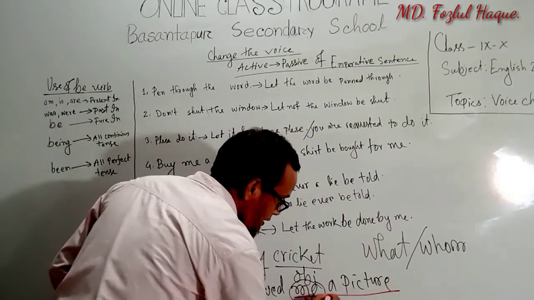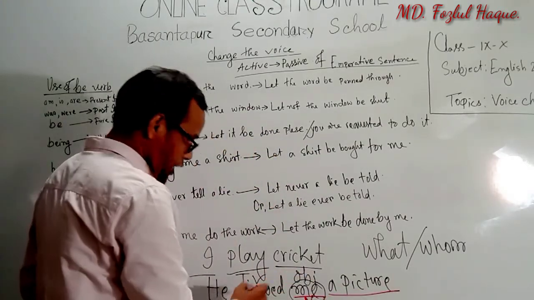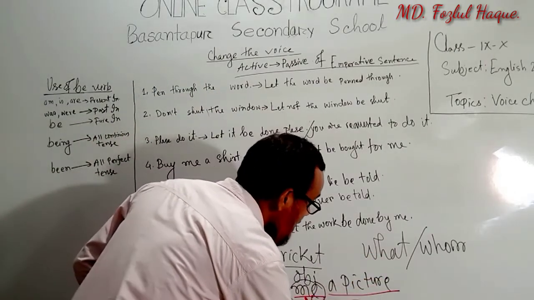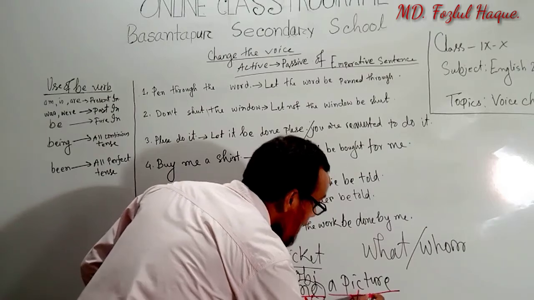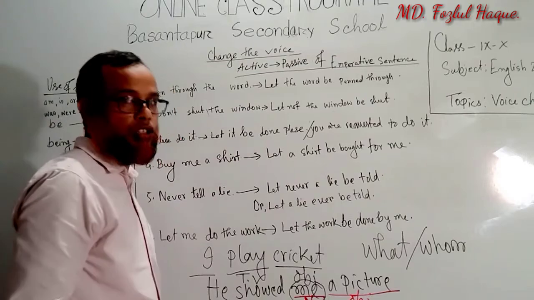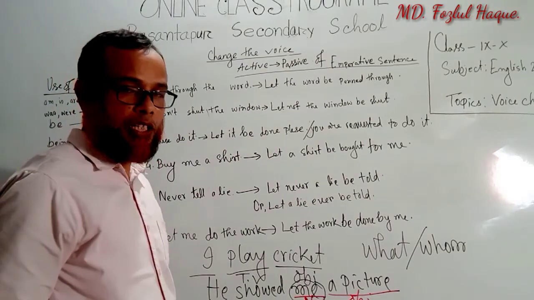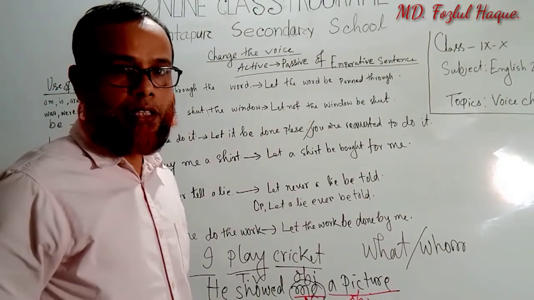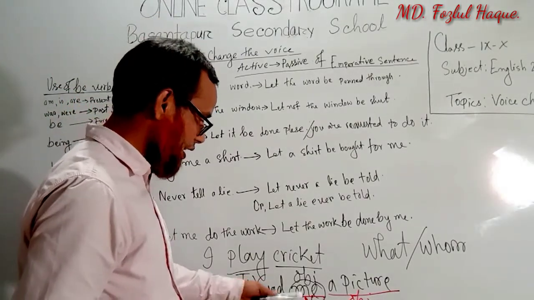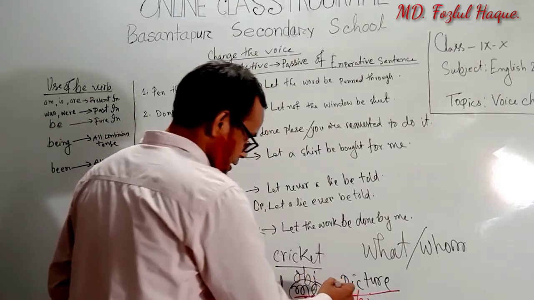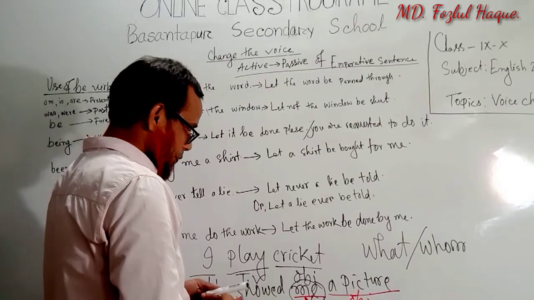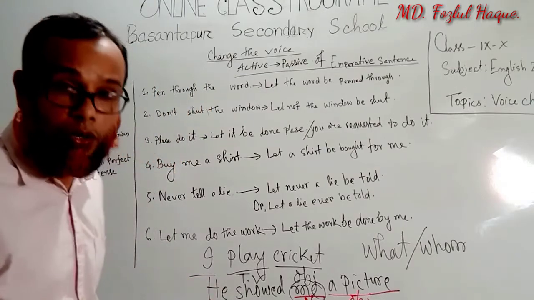Here is another object: what he showed, a picture. This is the indirect object. When a personal pronoun is used as object, it is the indirect object, and the other object is the direct object. So the object is found in this way.